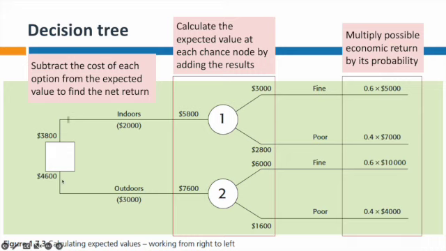So which one is actually the best option to pick? Well, you're going to pick the option that has the higher net return. Yes, on one hand, it has higher costs, but the expected returns are also higher. So the net return is also higher. And what you do is you cross out the option that you are not choosing, with two lines.